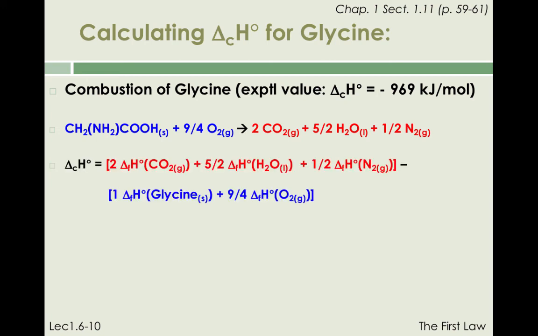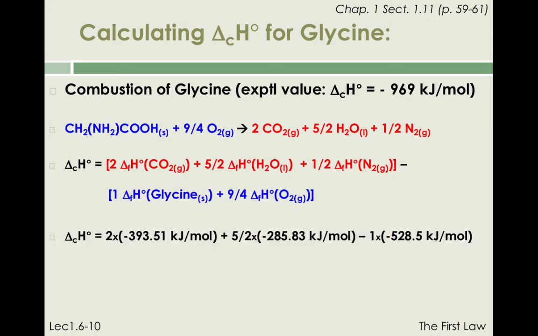We then use the reaction stoichiometry to express the combustion enthalpy in terms of the formation enthalpies of products and reactants. As a consequence, the standard combustion enthalpy of solid glycine must be equal to 2 times minus 393.51 kilojoules per mole plus 5½ times minus 285.83 kilojoules per mole minus 1 time minus 528.5 kilojoules per mole.